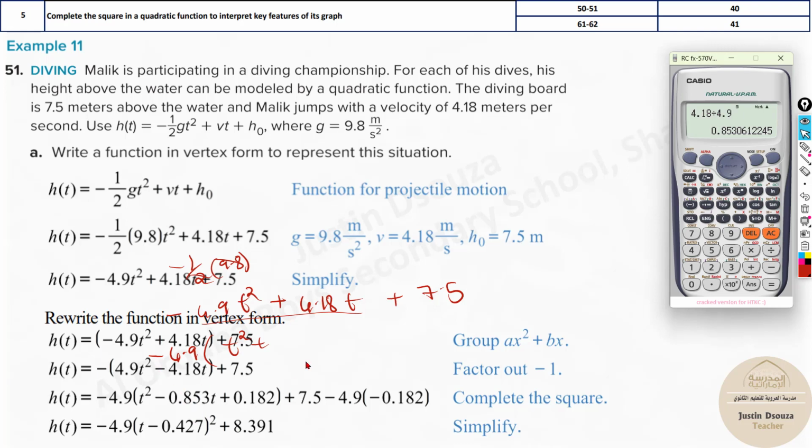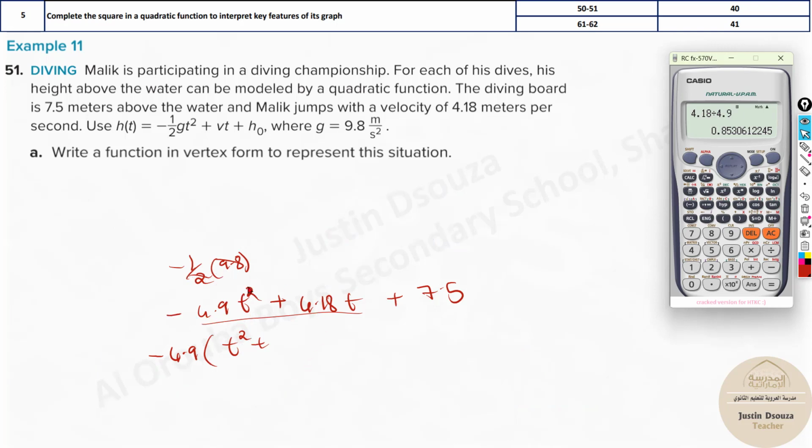So if you do this method over here, you have to get this without the coefficient. That's why this is a little bit difficult at the beginning if you have such numbers. I hope in the exam they give you easy and straightforward numbers. If you know the method, it's fine then. It's 0.85t, but this minus is here, so it'll be divided by minus, right?